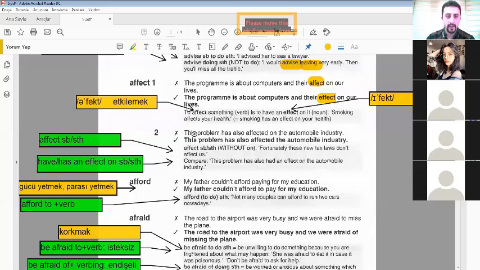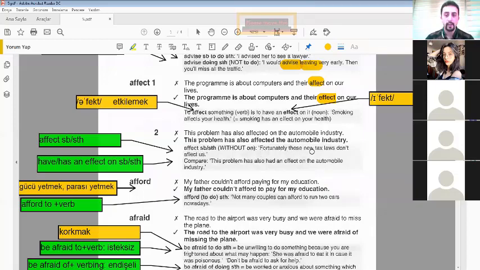Okay, as you see here, this problem has also affected on the, no. This problem has also affected the, not on the. Why? Because the pattern for affect is affect somebody or something. Here, as you see, is the pattern. Affect somebody or something, no on.